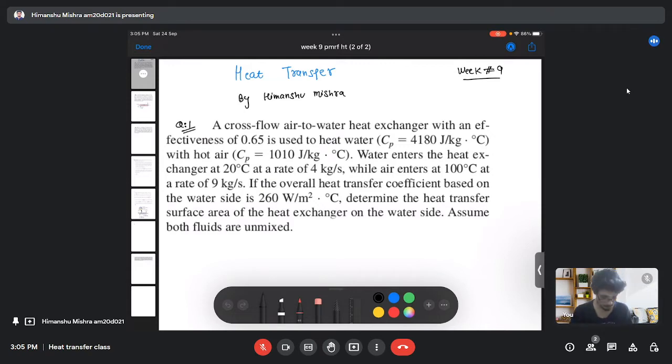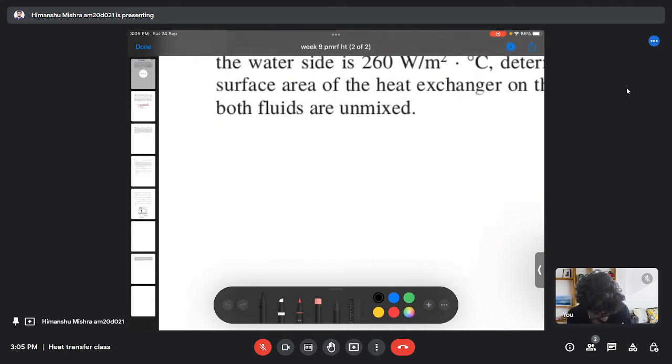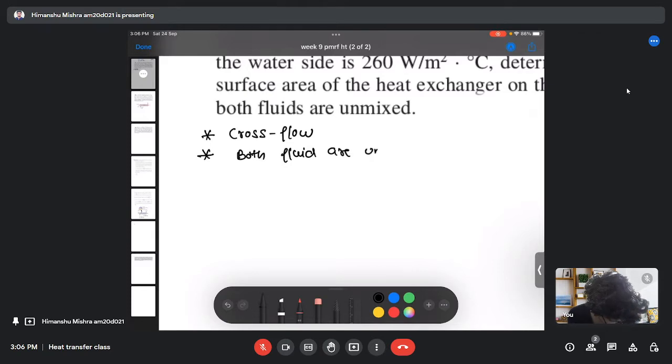Here we are given two details of the heat exchanger. The first detail is that the heat exchanger is cross flow. The second detail is that both fluids are unmixed. That means we need to use the NTU correlation corresponding to cross flow, taking into consideration that both fluids are unmixed.